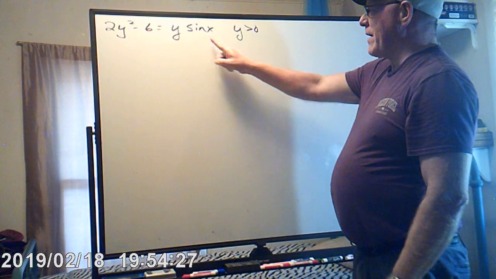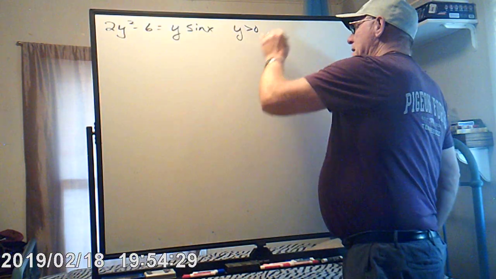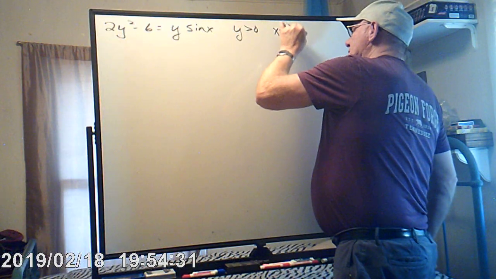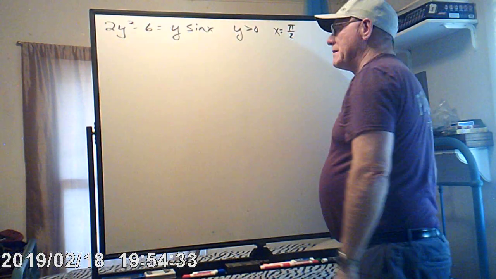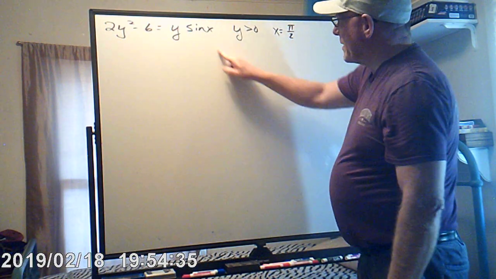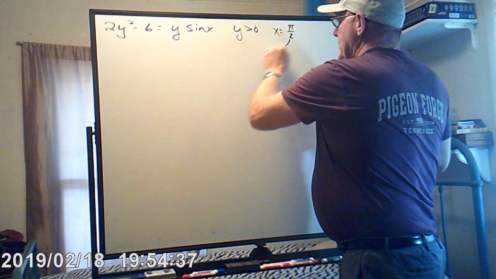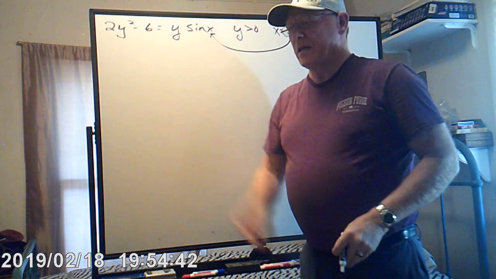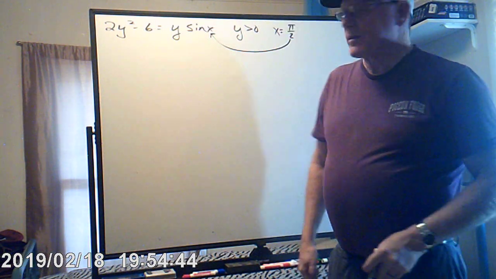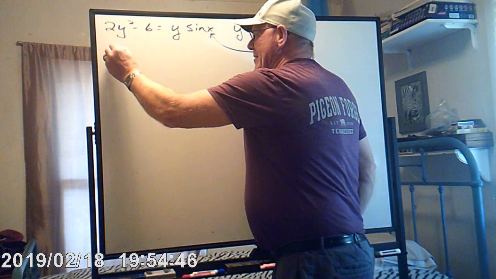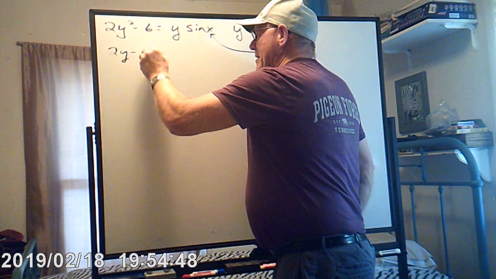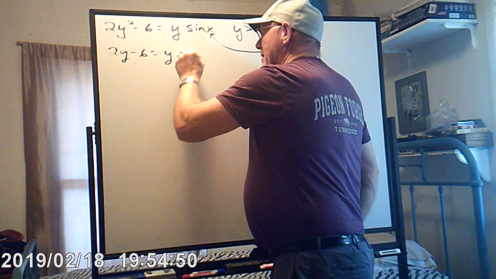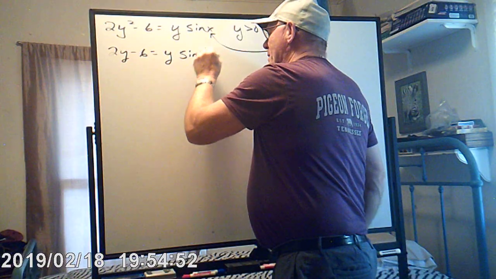We've already found that x does equal pi over 2. Okay, now plug that into this x right here, and we'll have a trinomial to solve. Okay, look how neat this is going to be. 2y squared minus 6 is equal to y times sine of pi over 2.